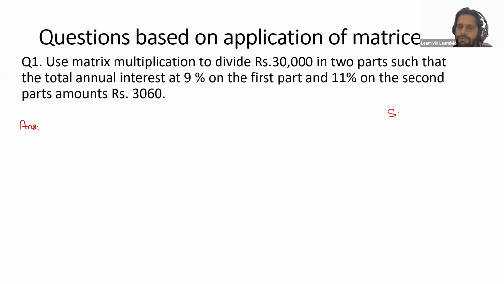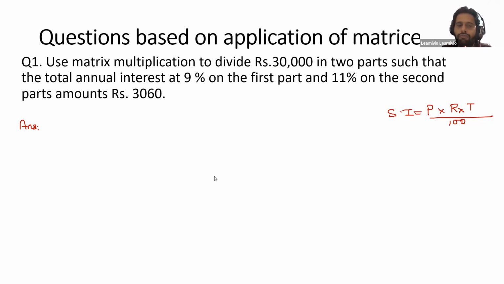Simple interest is, as you already know, principal into rate of interest into time by 100. In this question, you have rupees 30,000 and need to divide it into two parts such that the total annual interest at 9% on the first part and 11% on the second part amounts to this.